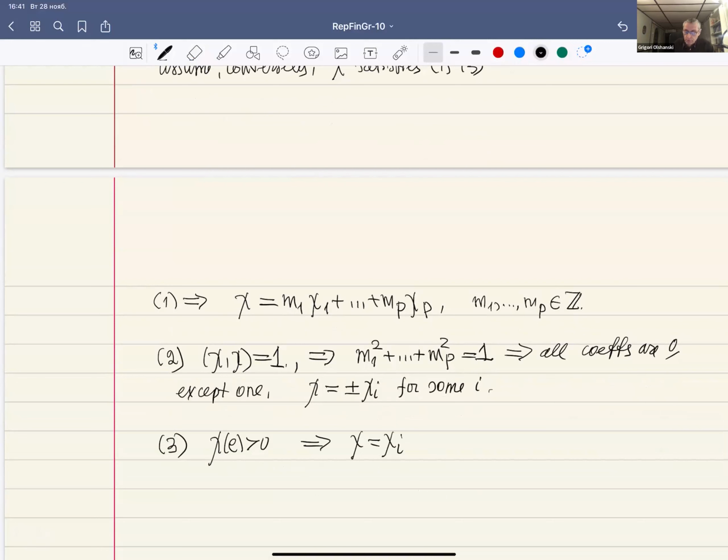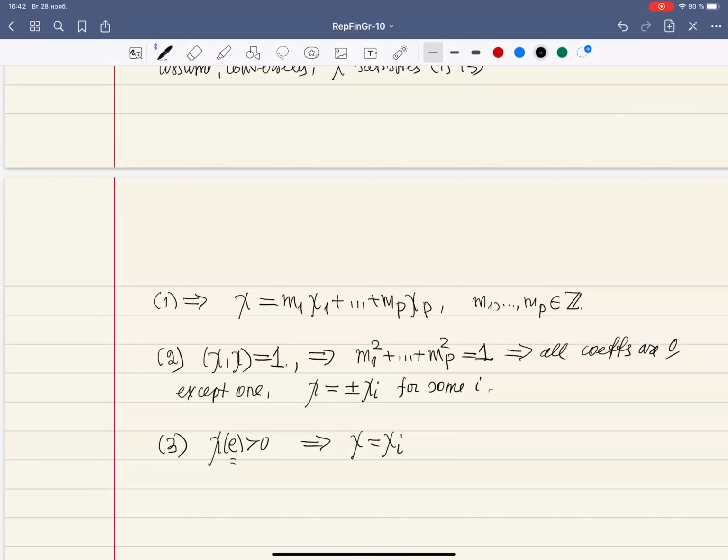Хи от единицы, наверное, или в последнем третьем пункте хи равно хи. Третьим пунктом мы проверяем только что значение характера на единичном элементе группы положительное. Понял, спасибо.